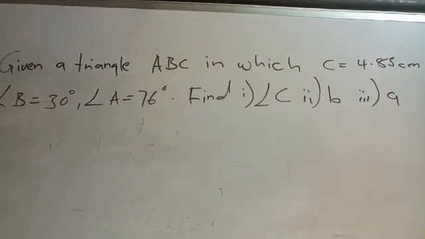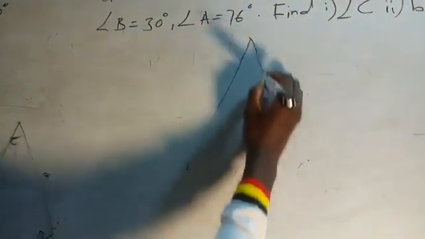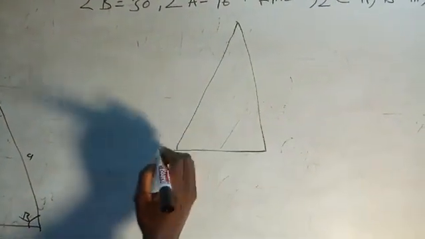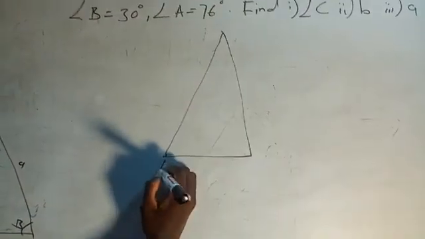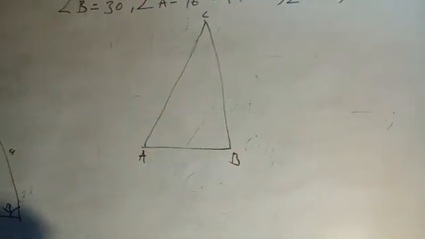If we draw our triangle like this, then this one has A, B, C.